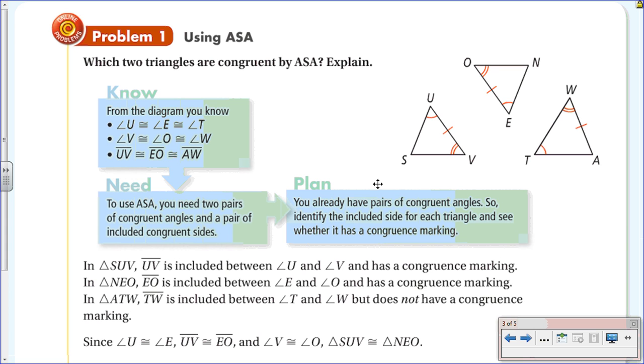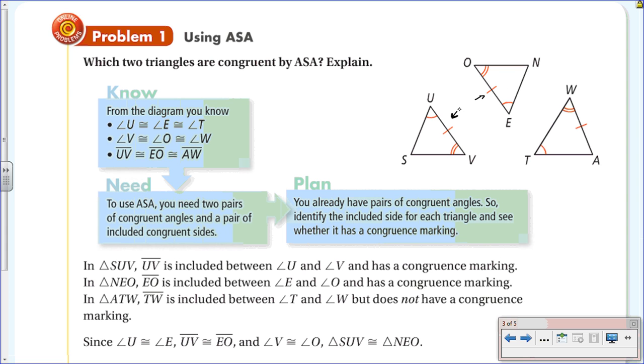In triangle SUV, UV is included between U and V, and it has a congruence marking. Right there, that's the congruence marking, that little red line. In triangle NEO, EO is included between E and O, and also has the congruence marking.